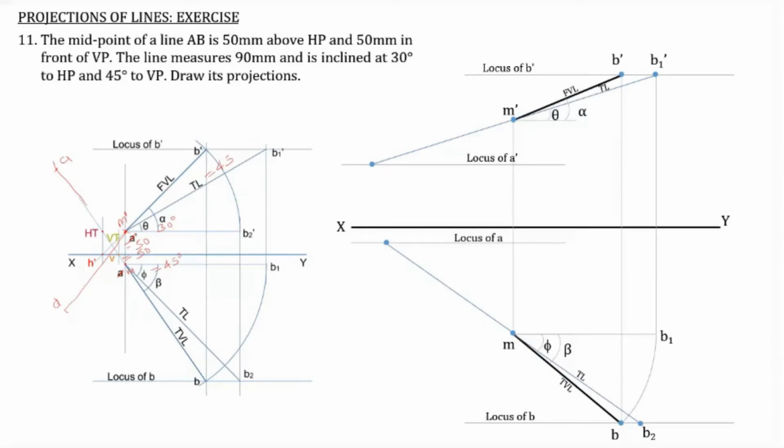Now extend the line M dash B dash in the opposite direction so that you will get the point A dash. Similarly, extend the line MB in the opposite direction so that the point A can also be obtained. So now give the dimensions. So these are the steps, simple.